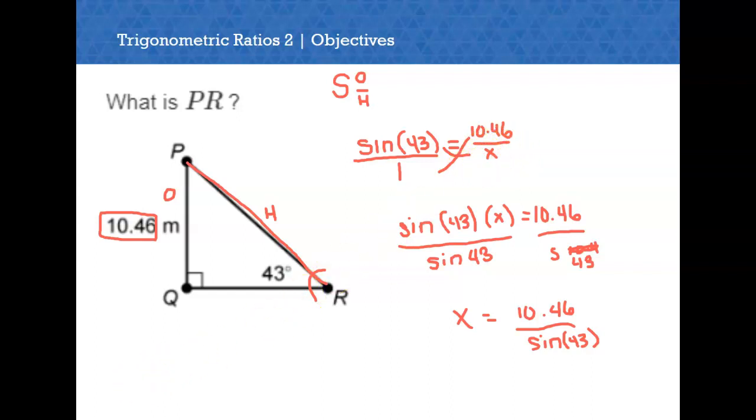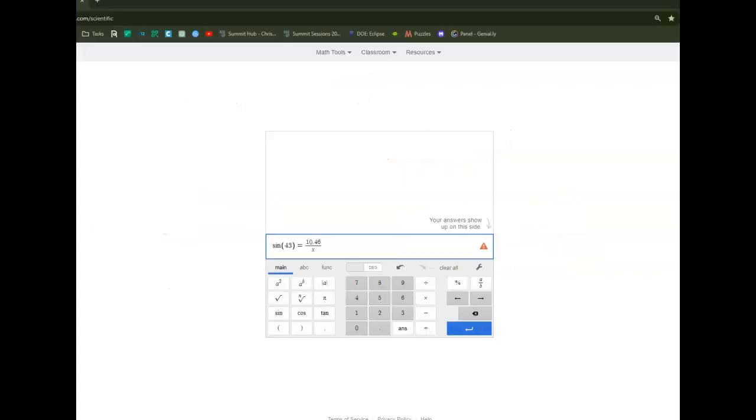Let's see what this looks like in the calculator. Okay, so here's how I would type this out in the calculator. Notice the x is below. So if x is up high, multiply. If the x is low, divide. That means that I can say 10.46 divided by sine 43.